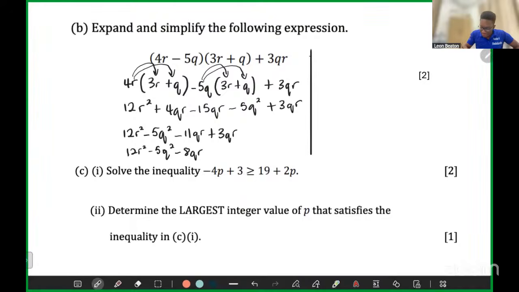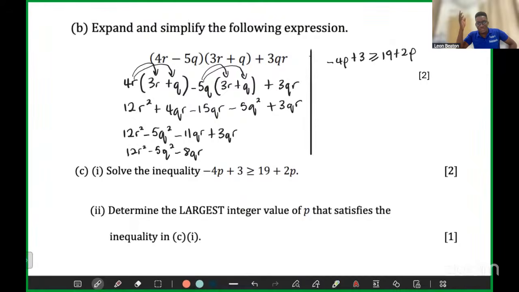So we have, negative 4p plus 3 greater than or equal to 19 plus 2p. All right, then we're asked to solve this inequality. One thing when you're solving inequalities, it's just like solving an equation.